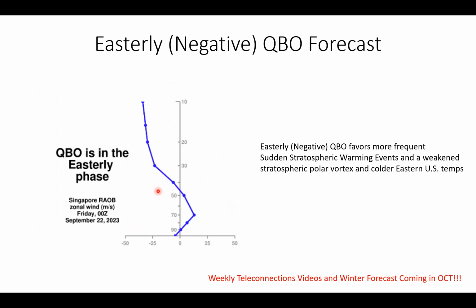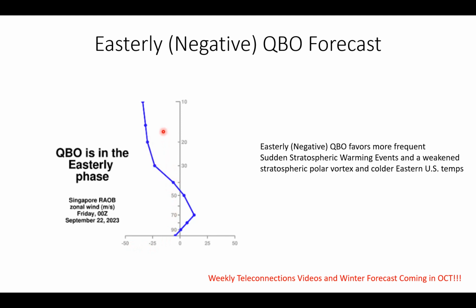This is the Singapore radiosonde observation from yesterday, the 22nd of September. This line right here shows the levels in the atmosphere. Whenever this blue line is over here in negative territory, to the left, that indicates the easterly phase of the QBO.